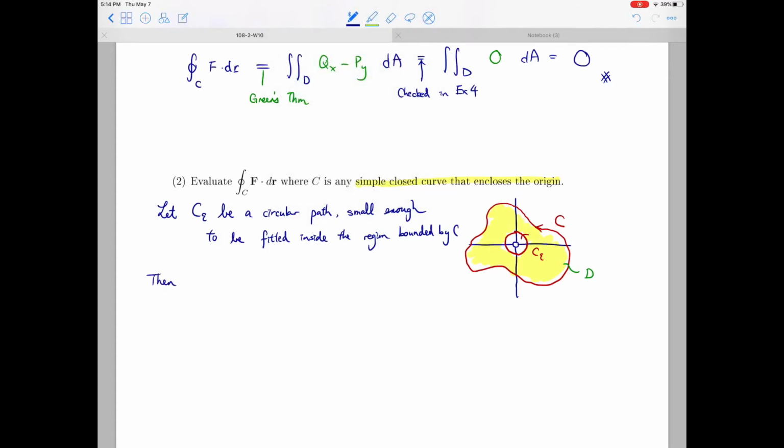Then you have more than one simple closed curve, so you don't use the usual Green's theorem, but the generalized Green's theorem.